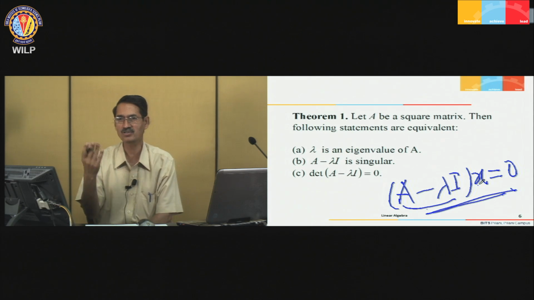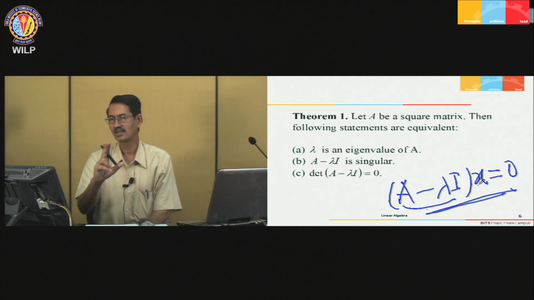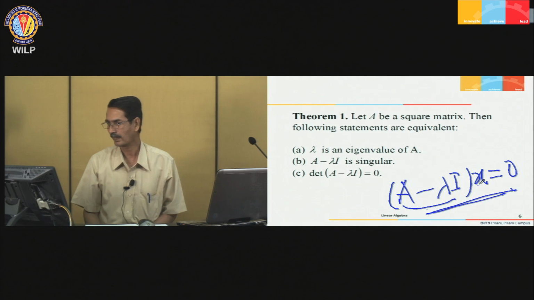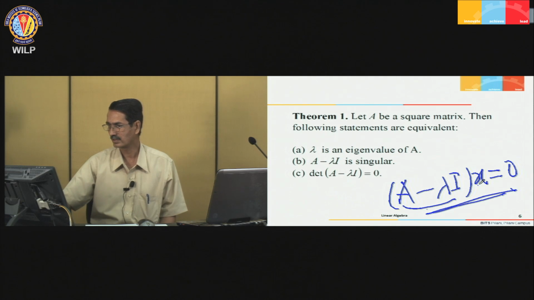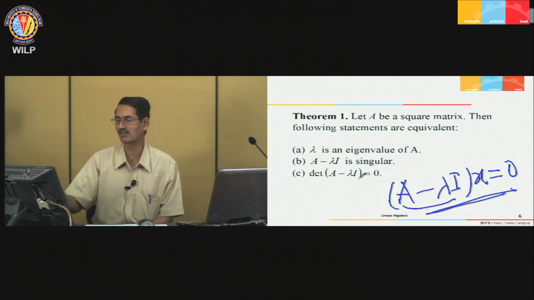Therefore, there is no eigenvector and eigenvalue in this case. Remember, when A minus lambda I is non-singular, x equal to 0 is the only solution, therefore no eigenvalue and no eigenvector. And for a non-zero solution in x, A minus lambda I must be singular. When A minus lambda I is singular, it means the determinant of A minus lambda I is equal to 0. These three statements are equivalent, meaning if and only if.